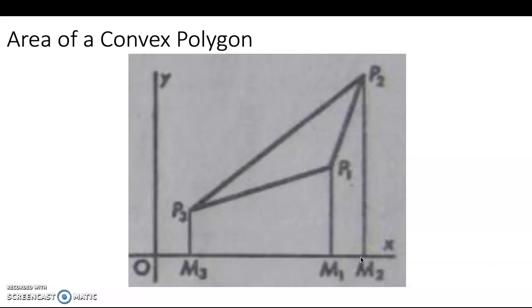So by doing this, we will have several trapezoids that we could form using these points. And what are those trapezoids? The first one is this particular red trapezoid, wherein we will have vertices P3, P2, M2, and M3.